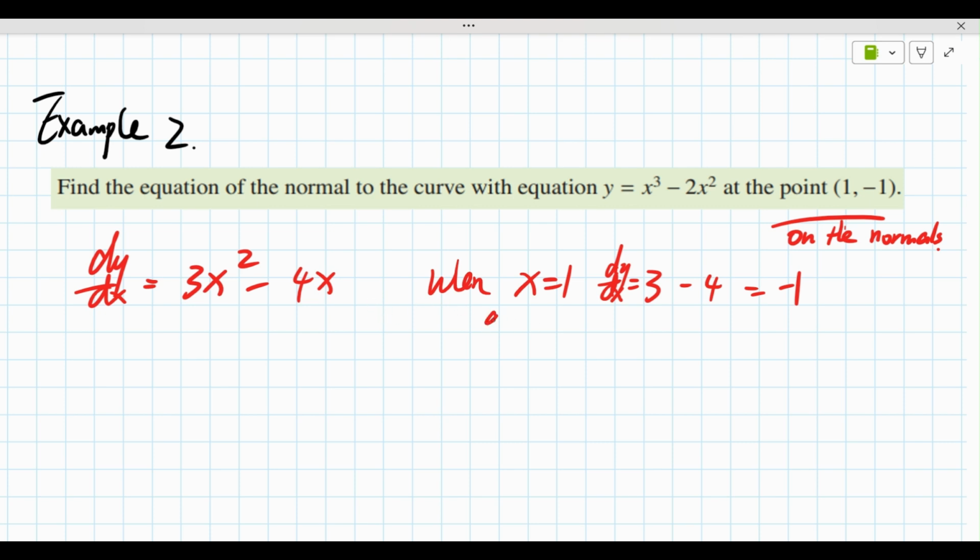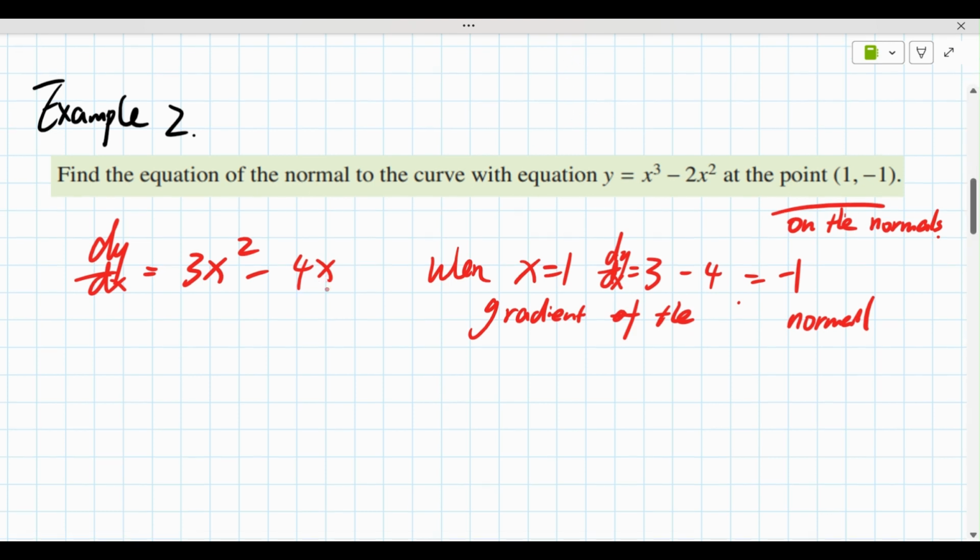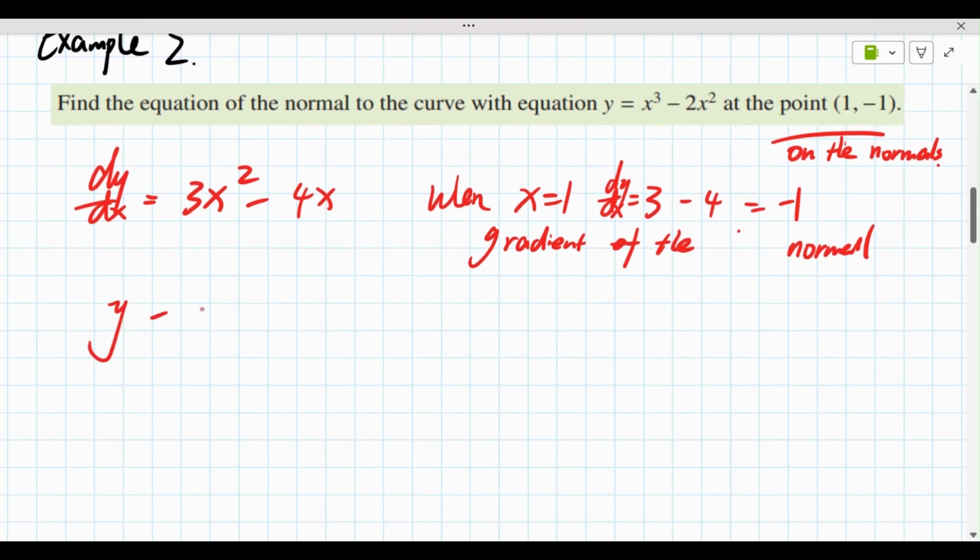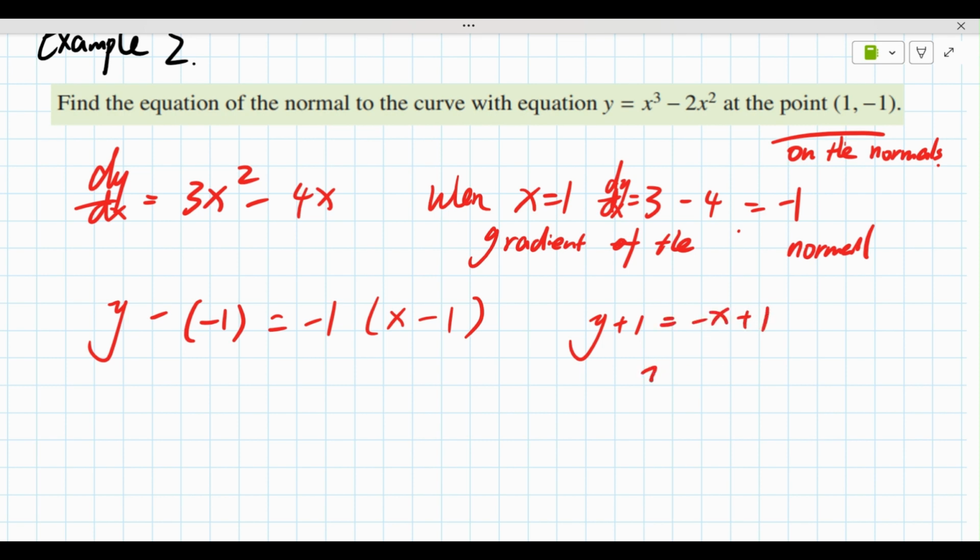So this is the gradient of the curve, not the normal. Once you have that, you could substitute in again, y minus y1 equal to negative 1 times x minus x1.